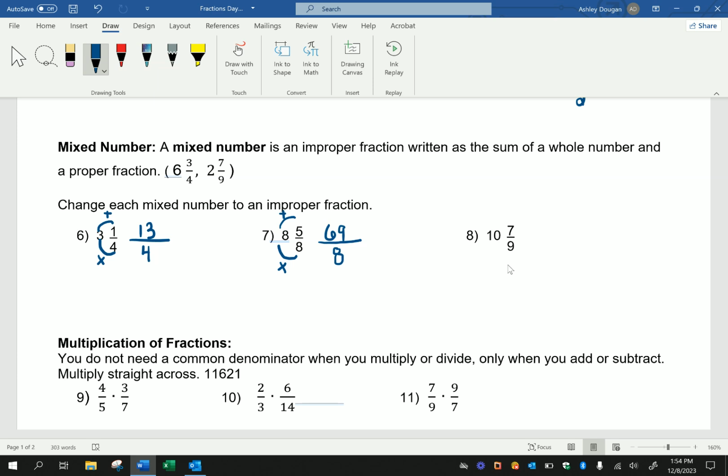Same thing with 8. 9 times 10 is 90, plus 7 is 97, and it would be 97 over 9. And that's how we go from mixed number to improper fraction. We're going to get a lot of practice on these when we get to our mixed number ones, because we're going to be using both every time we work with these mixed numbers.